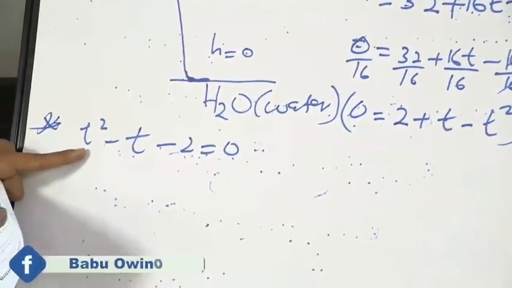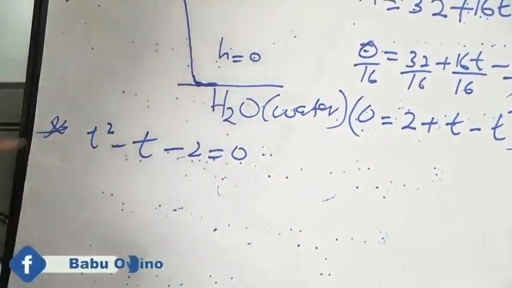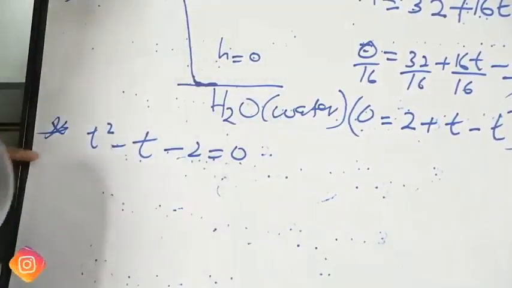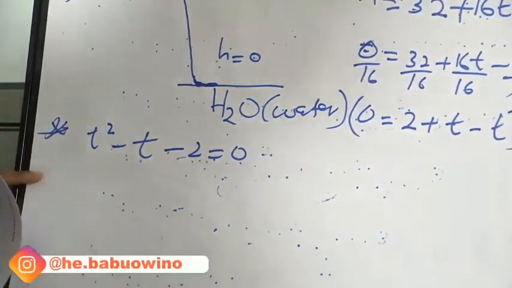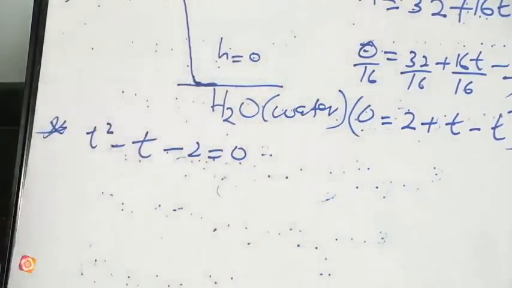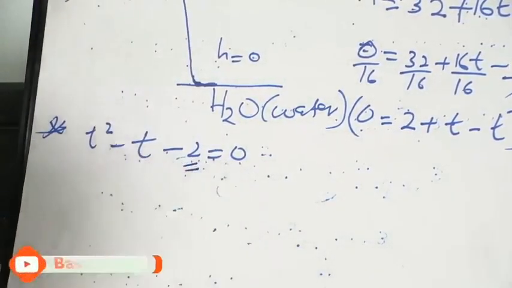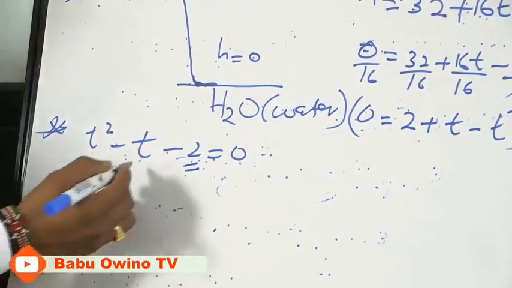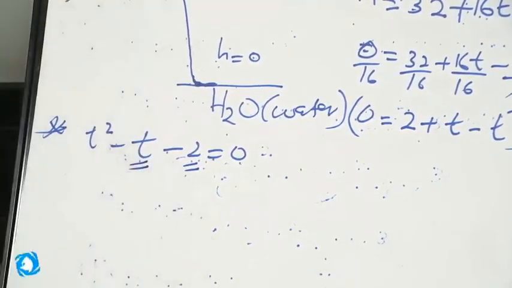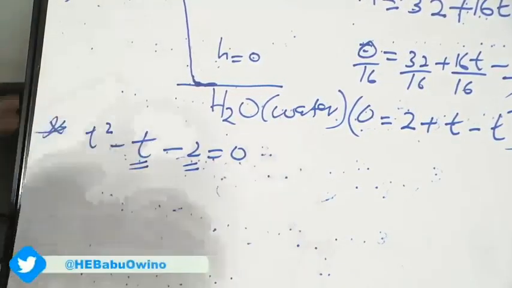This is a quadratic expression. In factorizing the quadratic expression, we look for two numbers that when you multiply give you -2, but when you add the two numbers, give you -1, the coefficient of t.